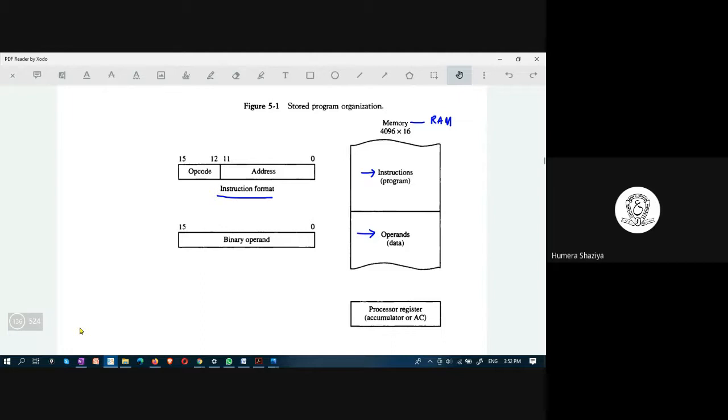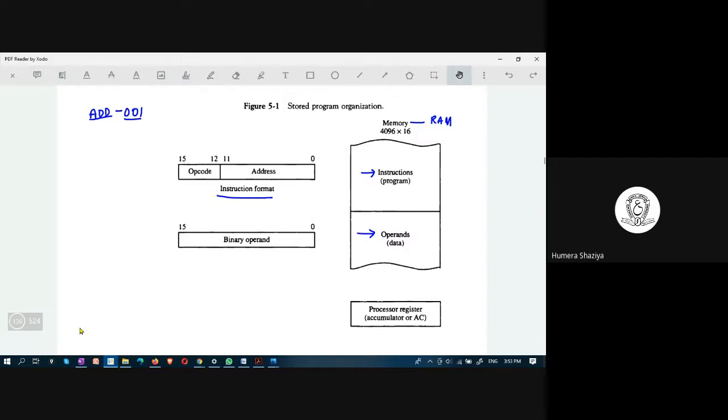One is address, another one is opcode. Opcode means: if the operation is add, it will have one binary code. Consider that it is 001. This is the opcode. Operation is add, and the operation code is this.